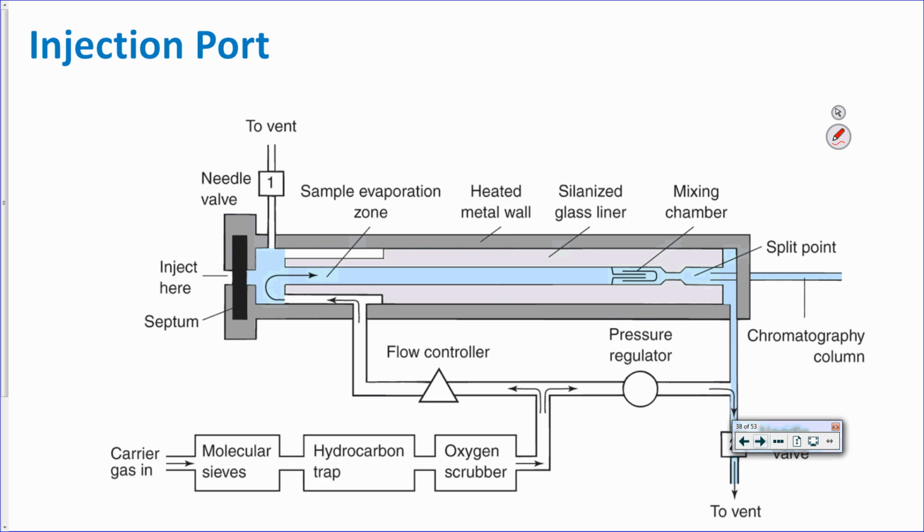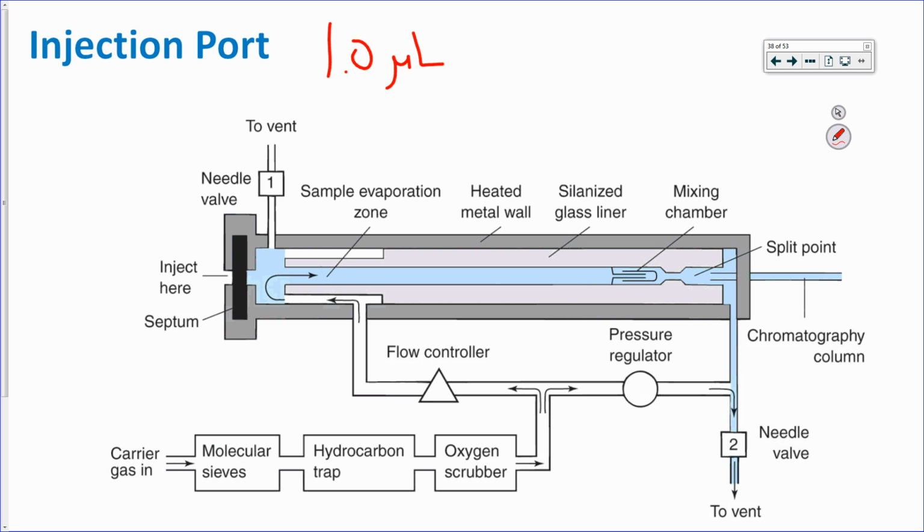So the injection port, I talked about in the videos how the injection port works. Most commonly, we do what's called a split injection. With a split injection, even though I'm only putting a microliter in the instrument, only 1 part goes onto the column and 99 parts go to waste.